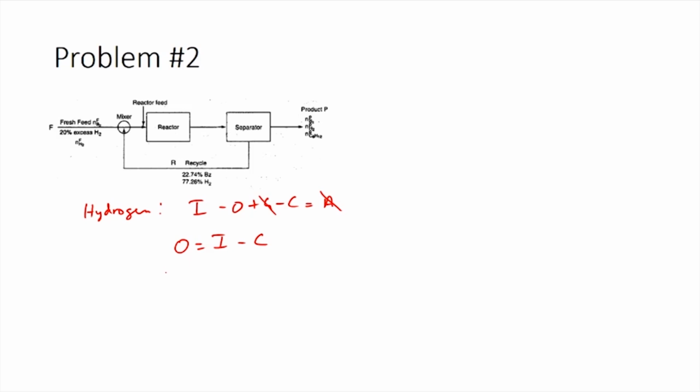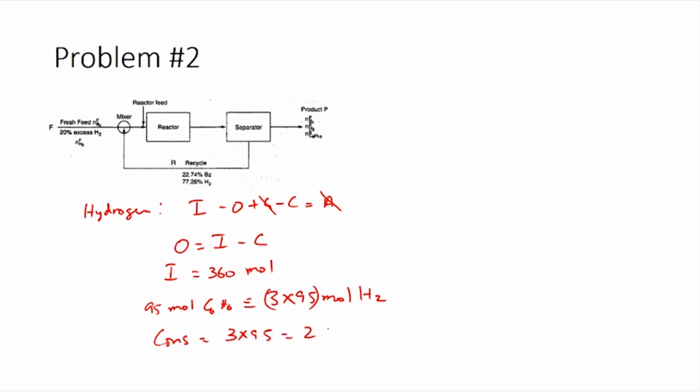We know that input is 360 moles. We know that 95 moles of benzene is consumed. This means using stoichiometry, for 95 moles of benzene consumed, there would have been 3 times 95 moles of hydrogen which is consumed. So, consumption for hydrogen would be 3 times 95, which is 285 moles.